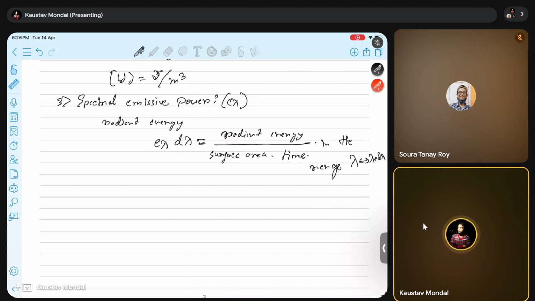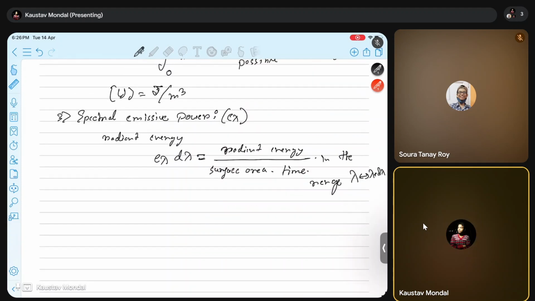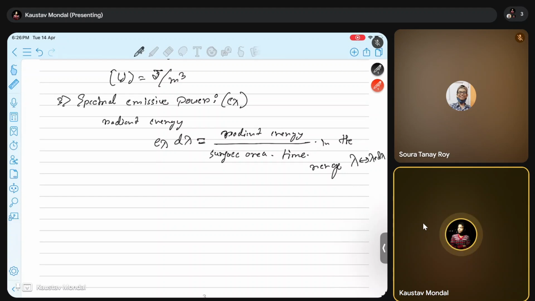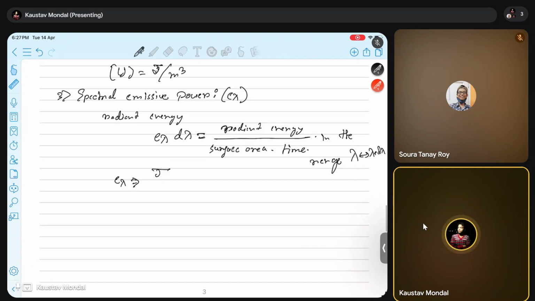So two things are per unit here, surface area and time. This is the definition of spectral emissive power. It has units of joule per meter cube per second.